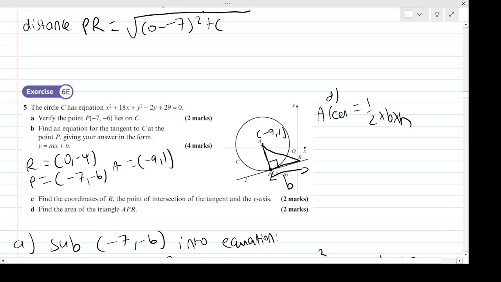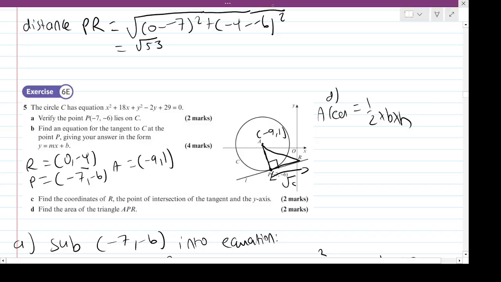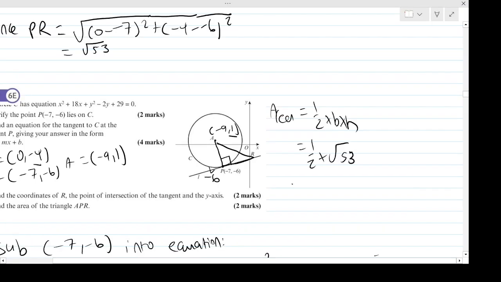So if I do minus 4 take away minus 6, all squared, I put that in the calculator, 7 squared add minus 4 plus 6 all squared, gets me root 53. So that's the distance PR, the base of root 53. So I could say that's a half times root 53. Okay, and so then we need the height.